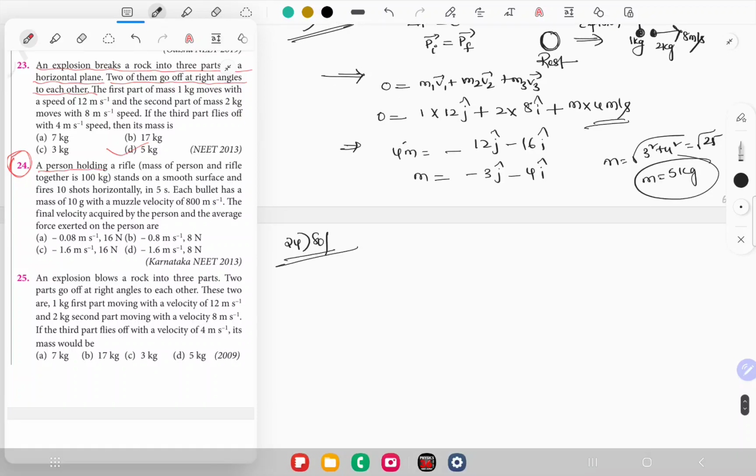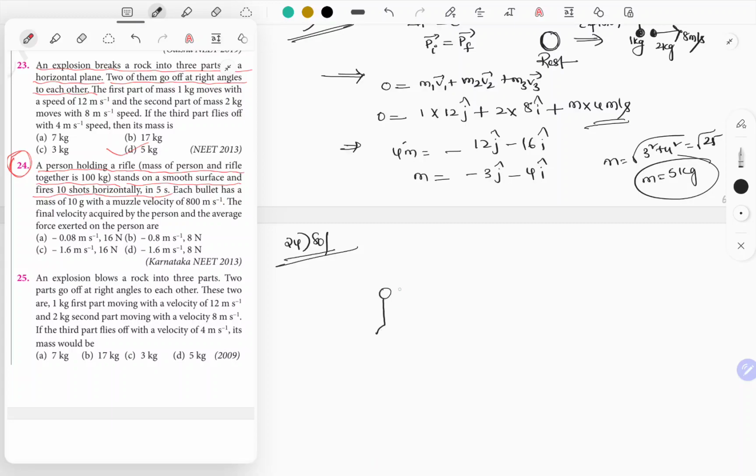Okay, a person holding a rifle, mass of the person and rifle together is 100 kg, stands on a smooth surface and fires 10 shots horizontally in 5 seconds. Okay, super. So let me consider a person who is standing on a smooth surface, holding a gun and firing bullets.